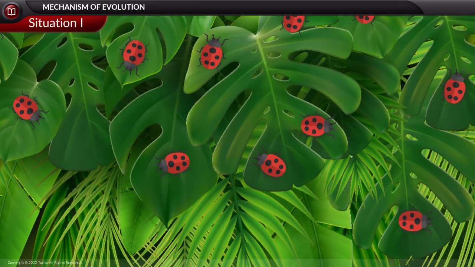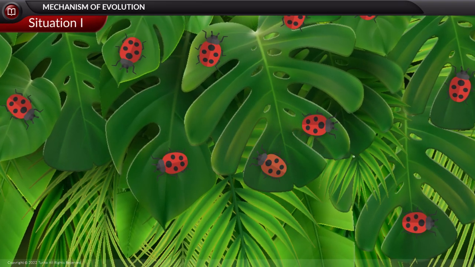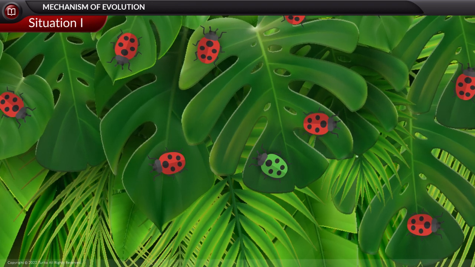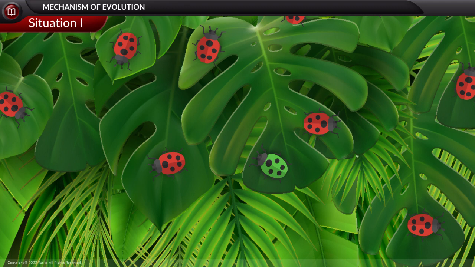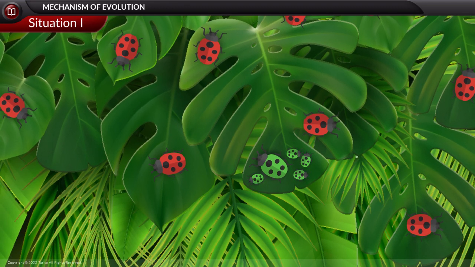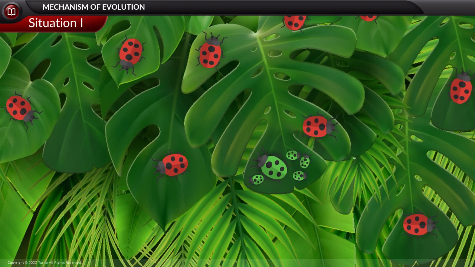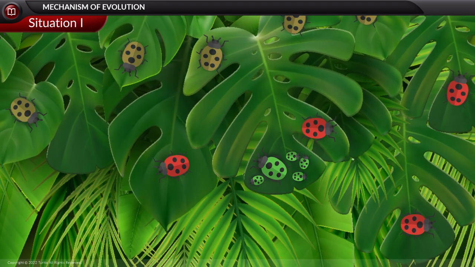In the first situation, let us assume that some beetles develop color variation during sexual reproduction. One beetle acquires green color instead of red. When the green beetle reproduces, it passes the green color to its offspring. Crows were not able to see the green beetles on green leaves, and hence, they were not predated.